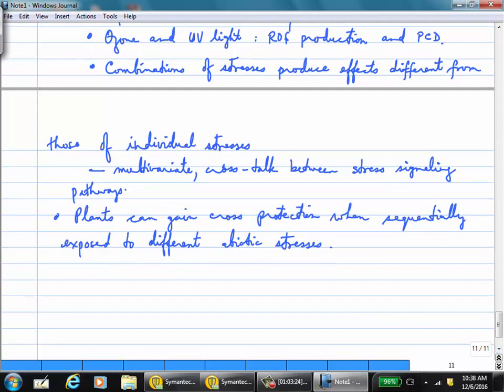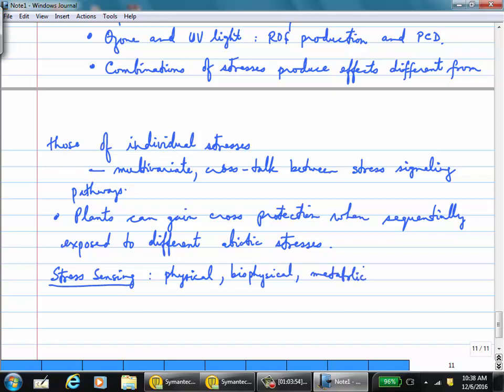Now, how do plants sense stress? Stress sensing is carried out in many different ways. It can involve physical, biophysical mechanisms. If you're talking about light stress, that is going to be sensed by photoreceptors. Then metabolic: maybe not enough oxygen is available for doing the TCA cycle.